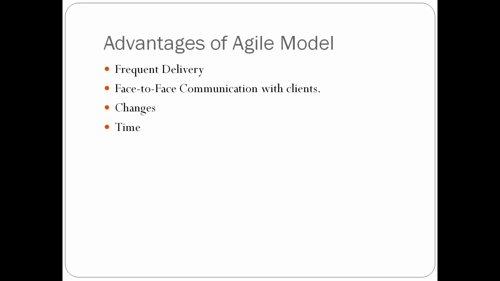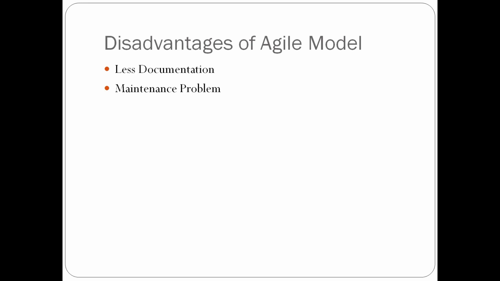Here the developers have a face to face conversation with the client every week in order to know whether they are heading in the right direction of the project or not. Next is changes: if the client wants some changes, they can be made much faster compared to other models. And at last we have time: obviously less time is required in product delivery. These are all the advantages of using the agile model.